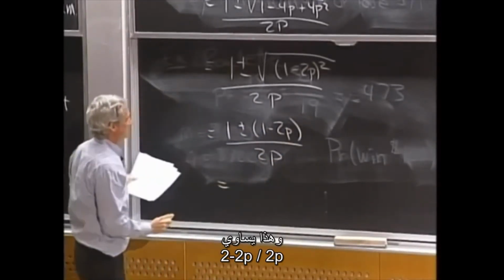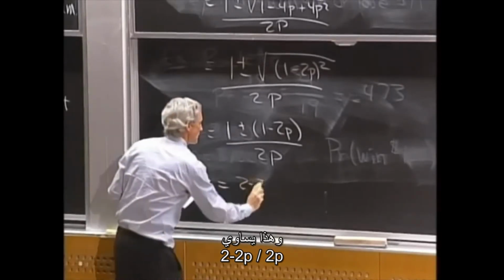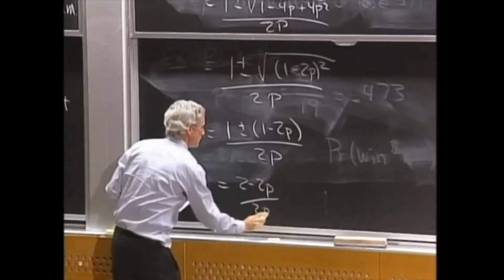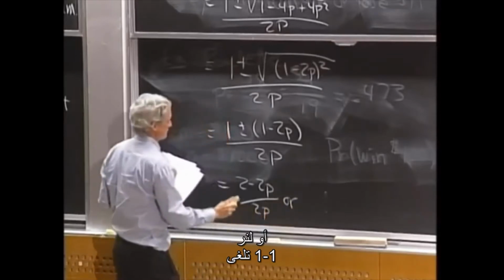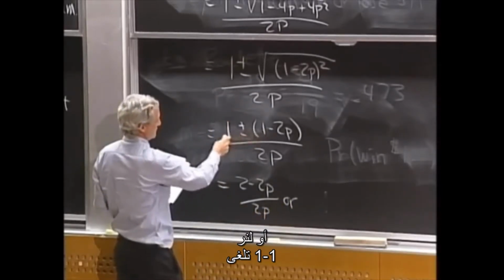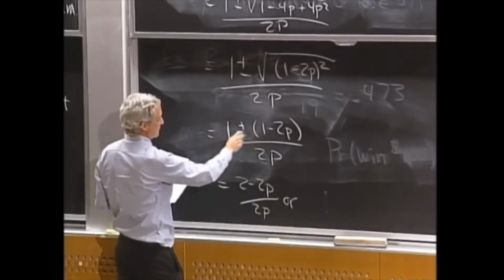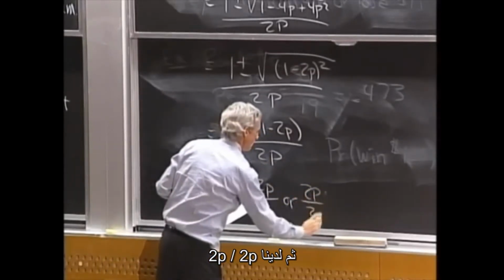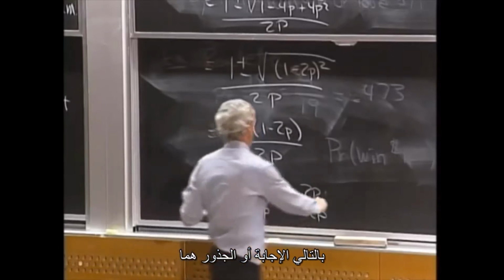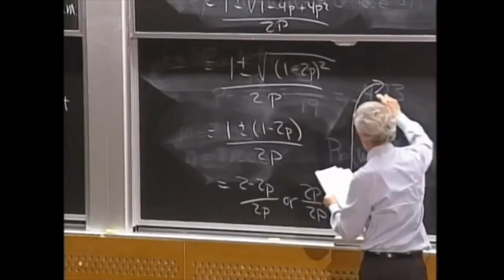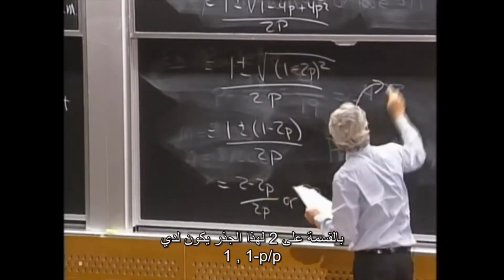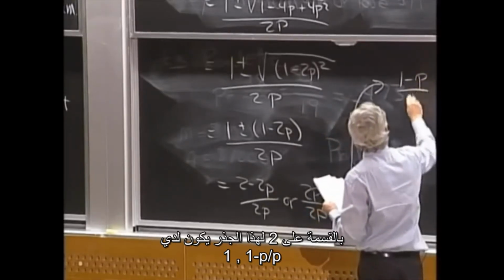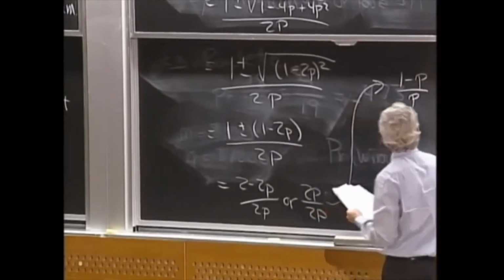And that is 2 minus 2p over 2p, or let's see, 1 minus 1 cancels, then minus 2p is 2p over 2p. So the roots, divide by 2 on this one, I get (1 minus p) over p and 1.